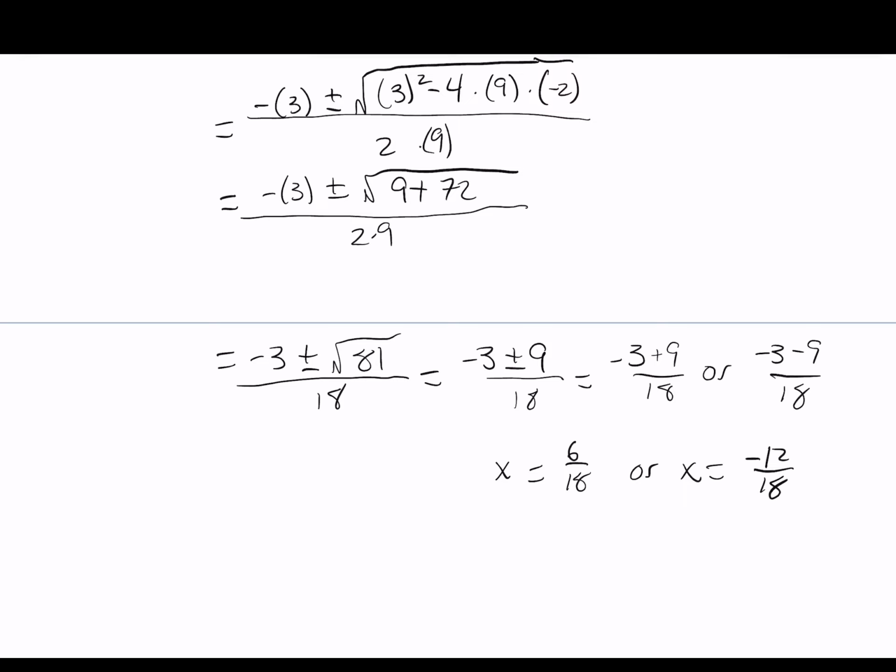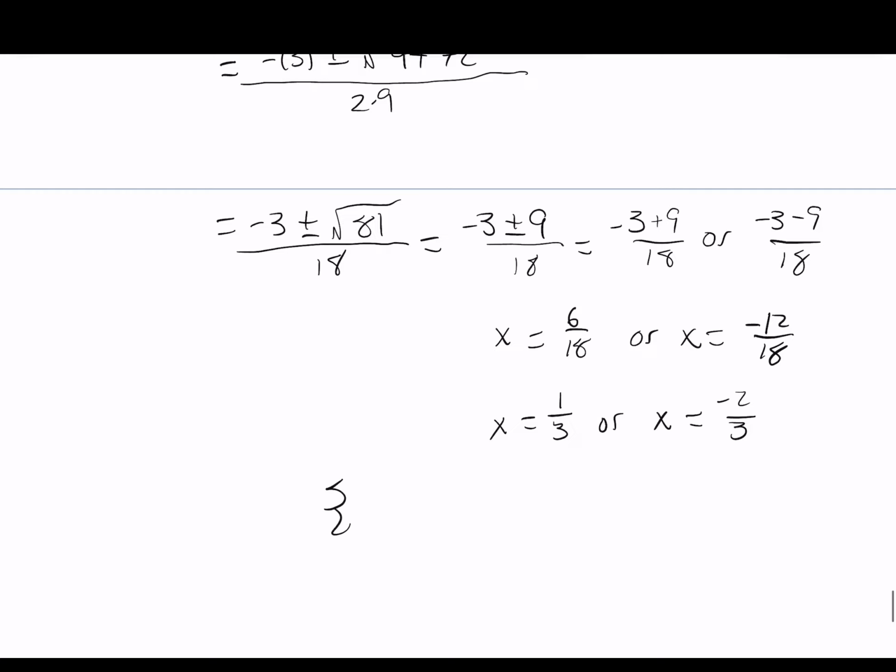Are we finished? Well, we can simplify these a little bit further. x is equal to 1/3, or x is equal to -2/3. So our solution set would be the set containing -2/3 and 1/3.